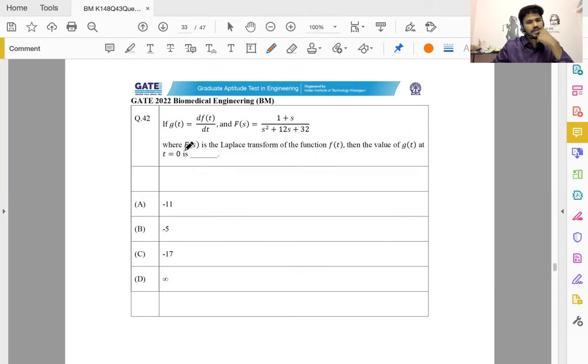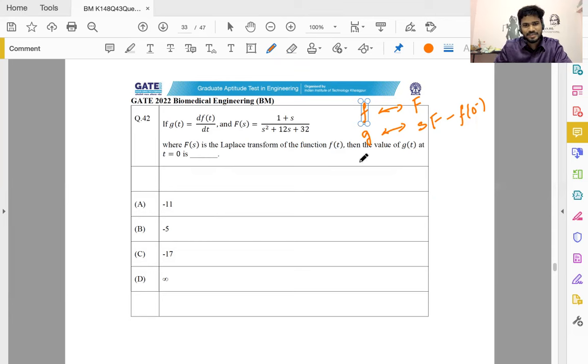Notice, so this also we know. So F goes to F, G goes to SF. Okay, SF minus, if you want to be slightly careful of 0 minus and all that. So calculate again, use one more initial value theorem to calculate this term, right?